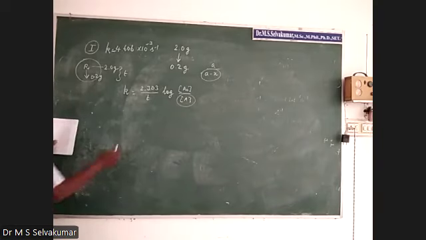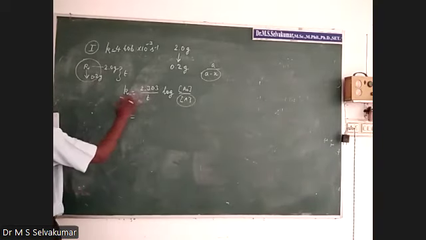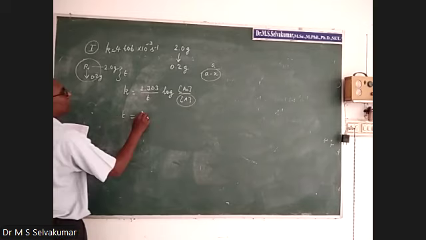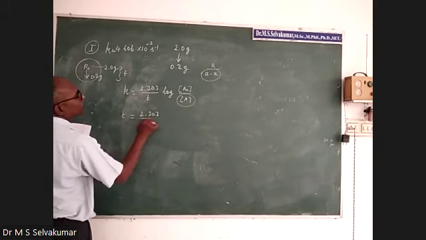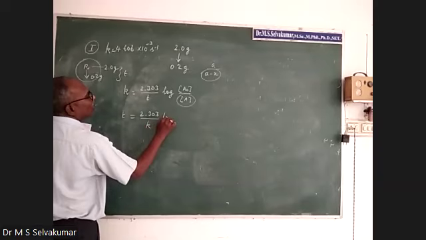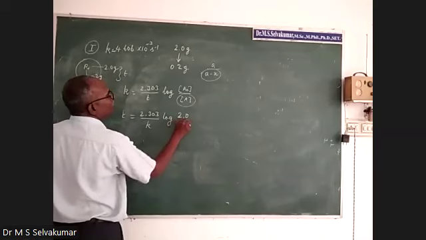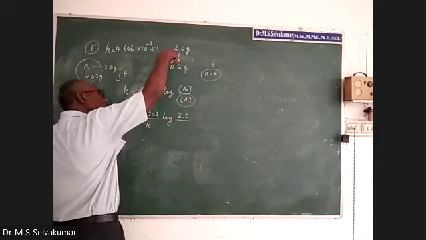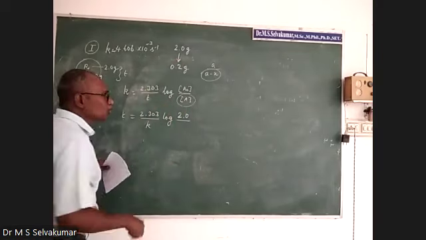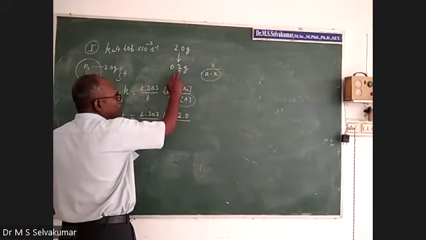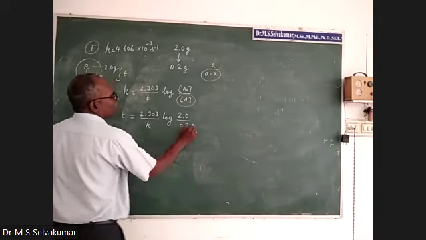So when you substitute properly, T can be brought over here. It is 2.303 by K log of A0, which is 2 gram. It is reduced to 0.2 gram, so what is remaining is 0.2 gram.